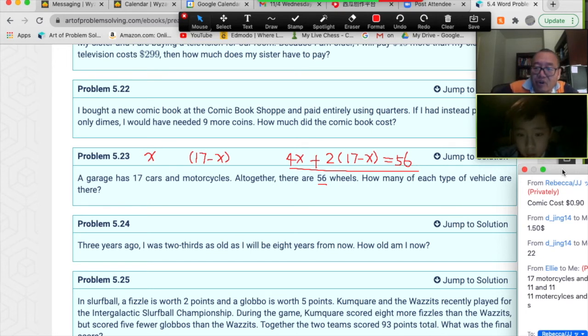They give you total vehicles, that's 17. If you add the number of motorcycles and the number of cars, this sum should equal 17. You check if your answer satisfies that requirement, and also check if the wheels equal 56.